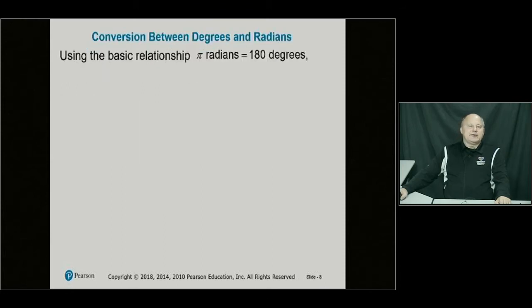Now, using the basic relationship, pi radians is 180 degrees. This is the conversion between degrees and radians. This is the biggest thing: when somebody talks to you in degrees, and somebody else is talking to you in radians, they could be talking about the same angle measure, but they'll be using different formulas or different notation.